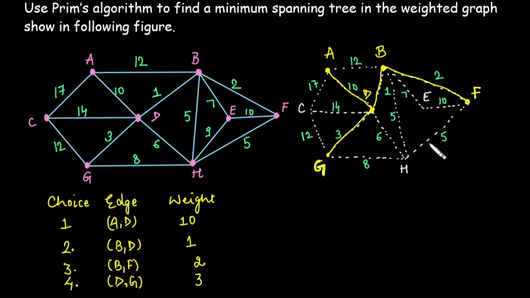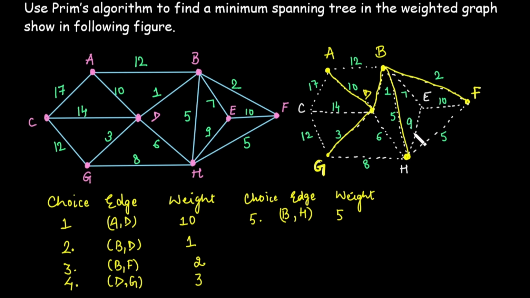The minimum weight is 5 and it is over the edges B to H and F to H. We can pick any one as the next choice. So the next choice we are taking in this case is, suppose, the edge B to H with the weight 5. Now H is connected with G, D, F and with E by the weight 9.